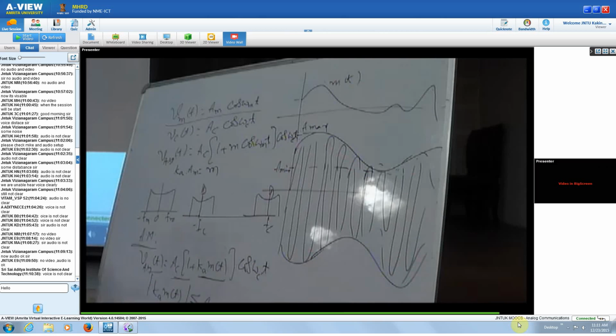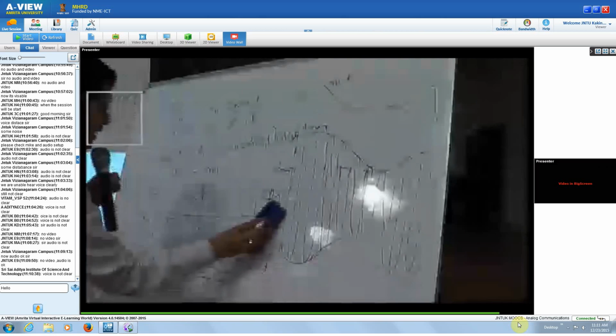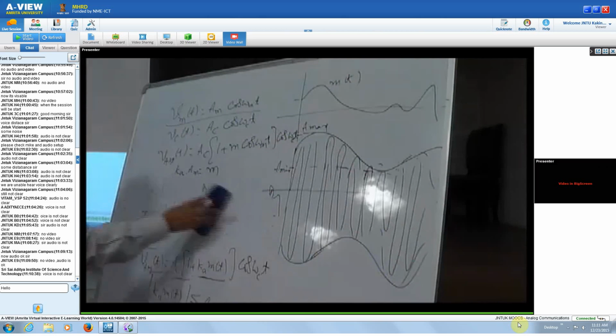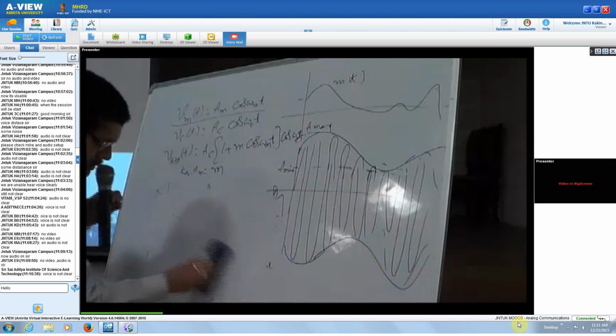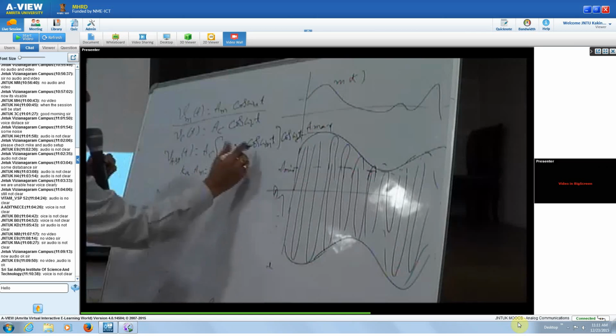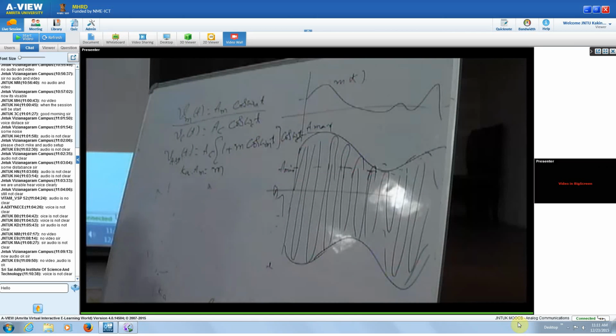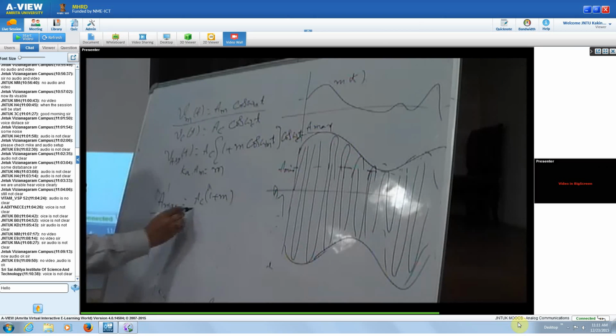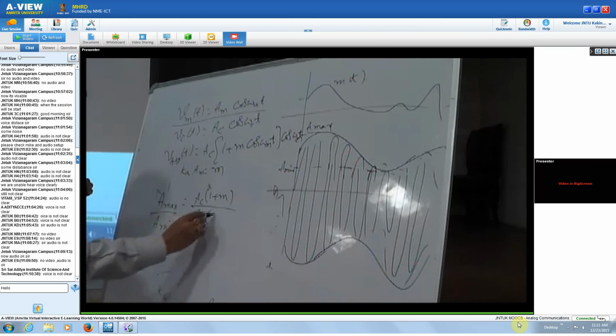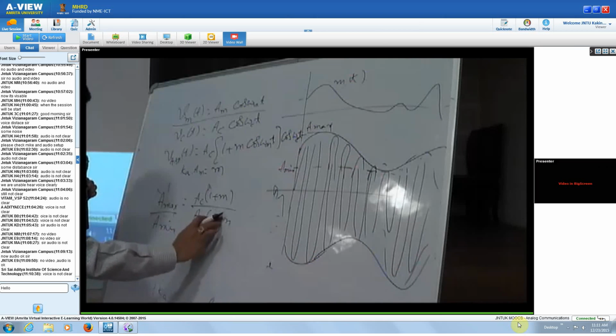So what will A max be? A max will be when cos omega_c t equals 1 and cos omega_m t equals 1, so A max equals A_c into 1 plus m, and A min equals A_c into 1 minus m.